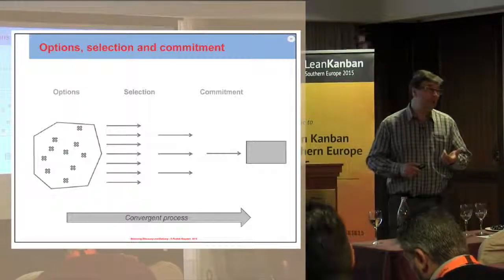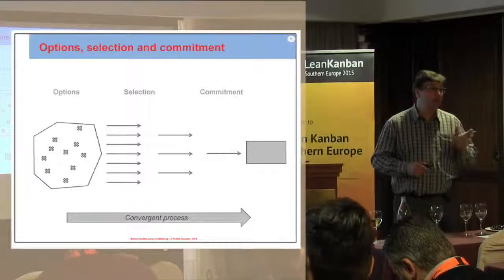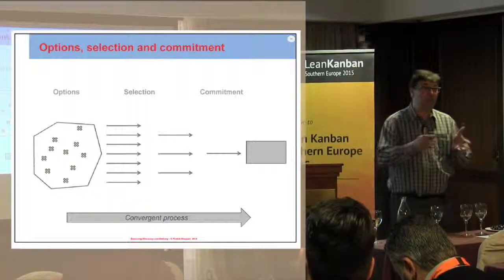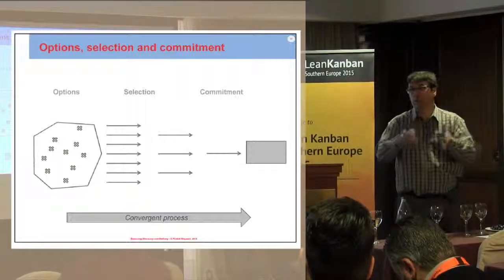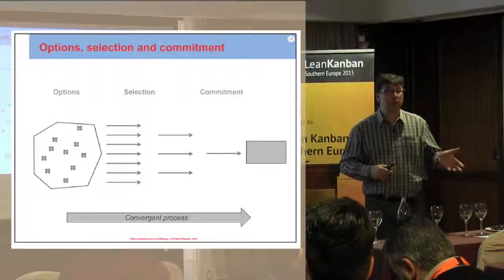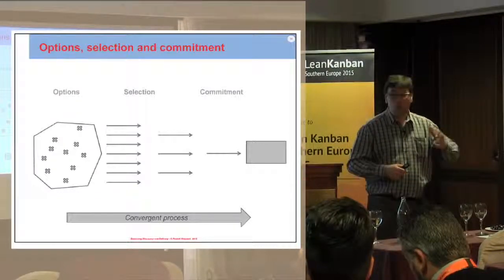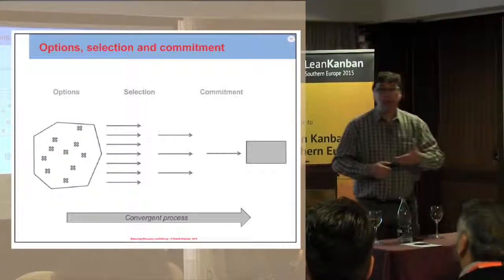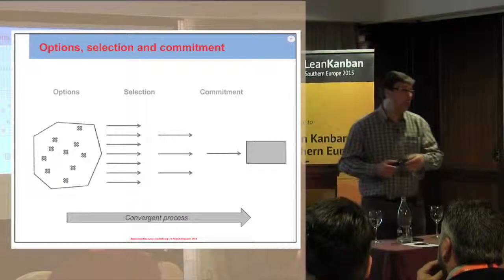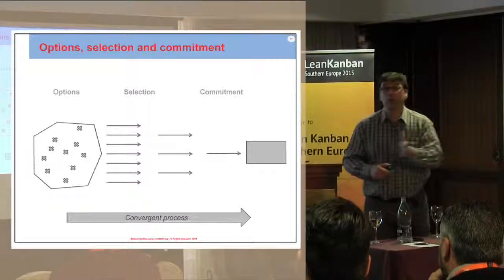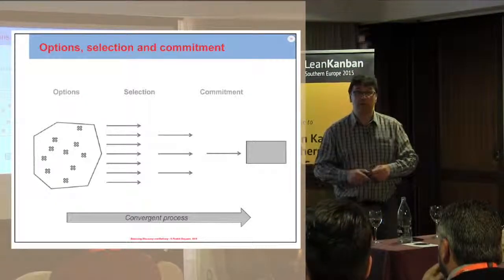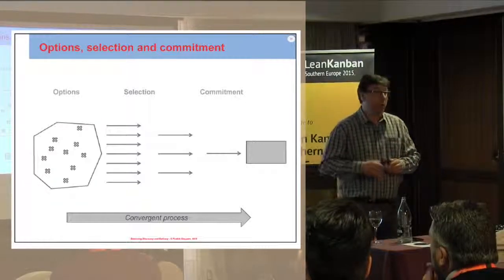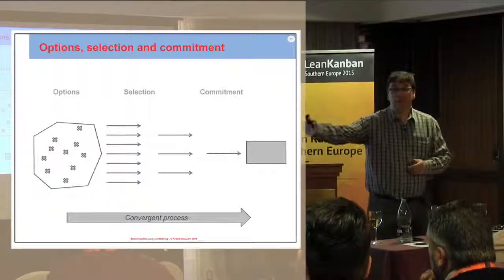What they represent is options that you can select from. If you look at the overall process that is visualized here, it's not a linear process of first we do some analysis, then we do some design, then we do some implementation. It's rather a process of selection. We start with many ideas, but then not all these ideas will be turned into concepts, and not all these concepts will actually turn into specifications, especially not at the same time, right? And not all these specifications will actually be developed, right?